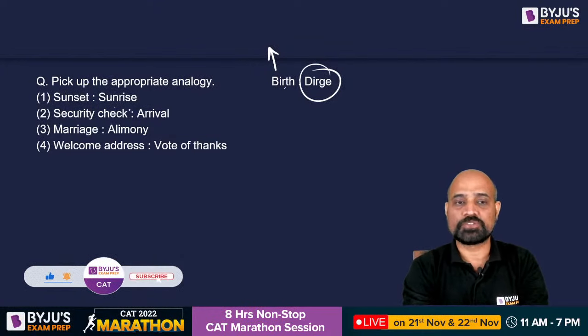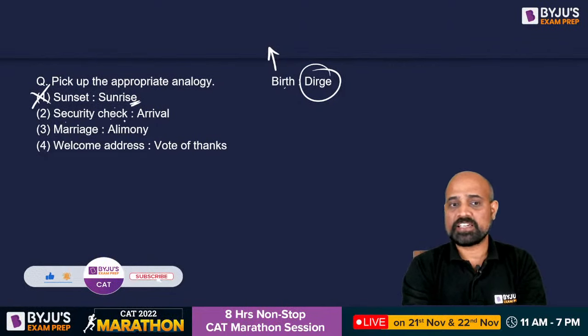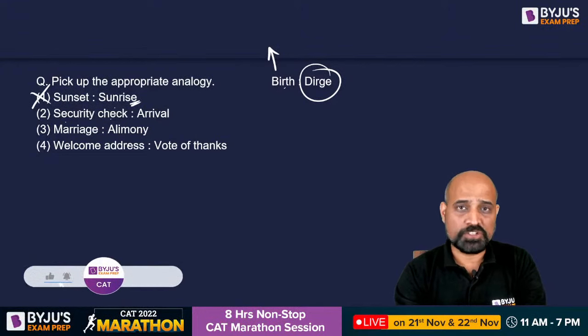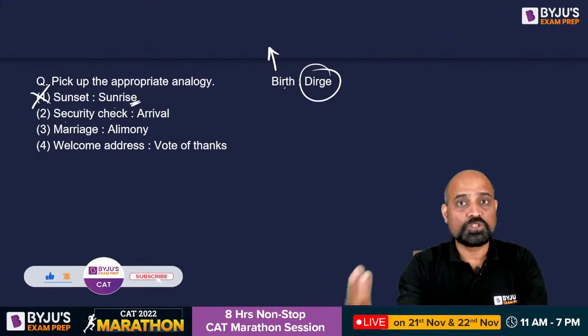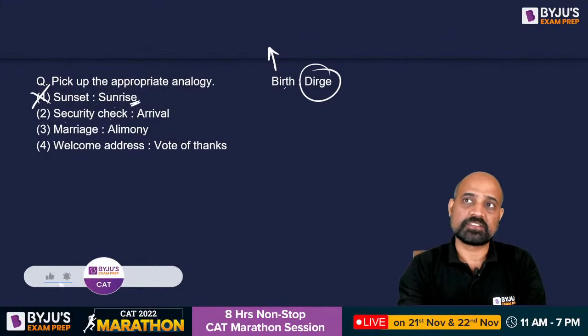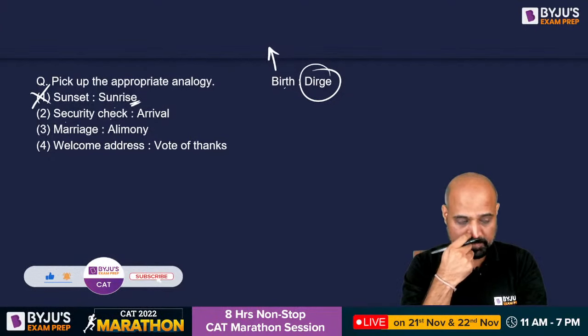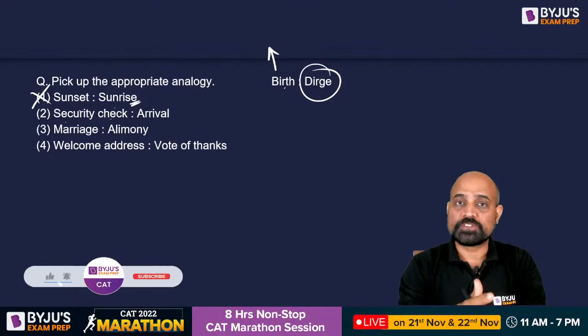There is no feeling associated in the second word. So first is not your answer. Security check and arrival. Security check is not the beginning, and arrival is not an emotion related to it or a consequence of it. Okay.